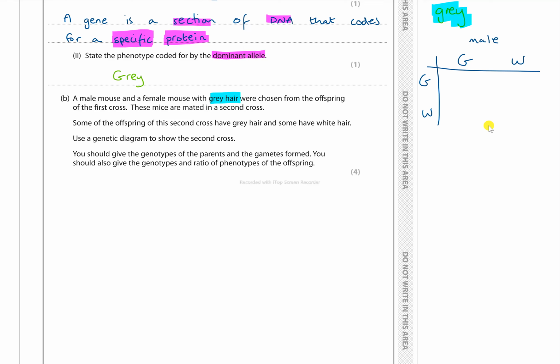What they've done is the big G equals grey and the little g equals not grey, which is white. That's how they've gone about it. So we're going to carry on with that.